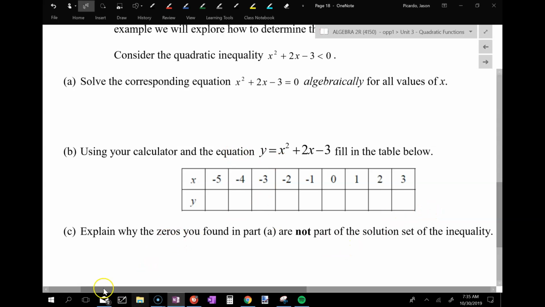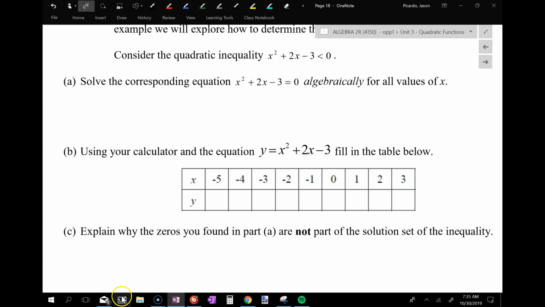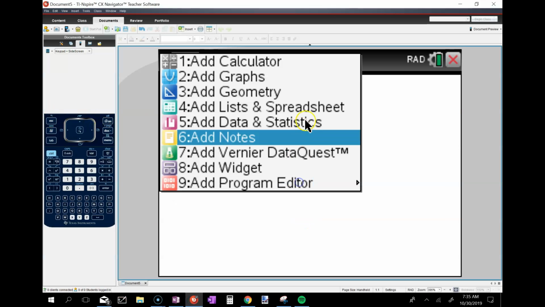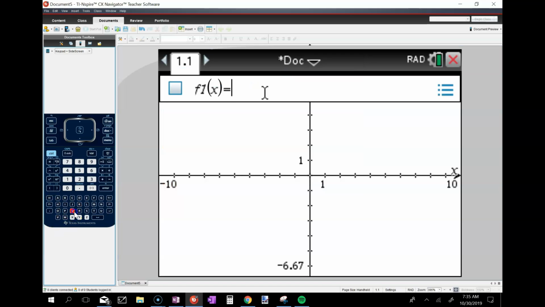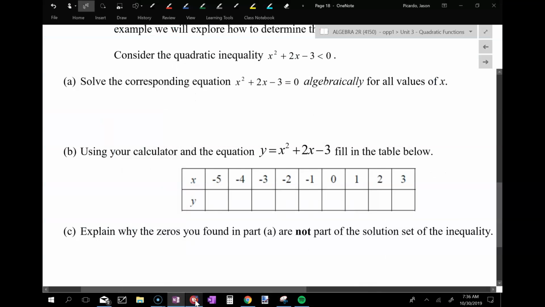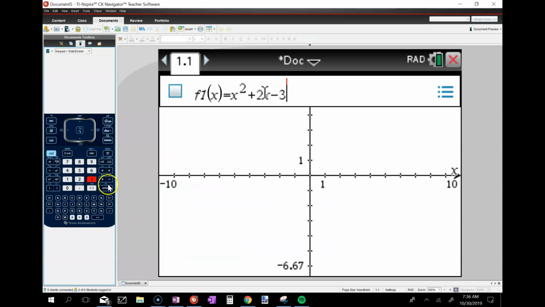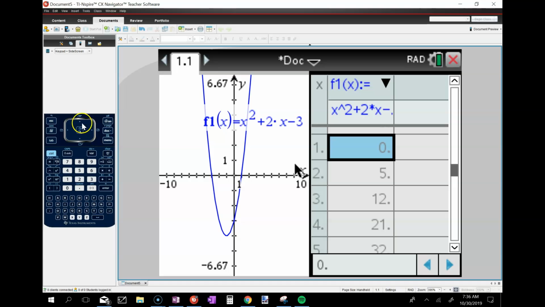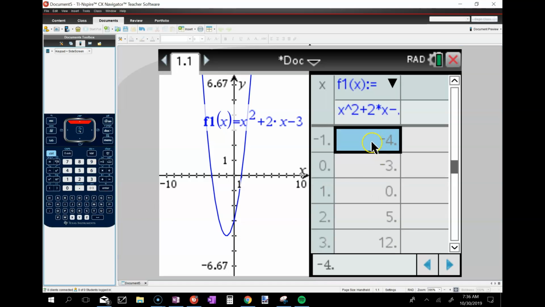So x squared plus 2x minus 3. All right, got that. We go to our table and we fill it out, right?